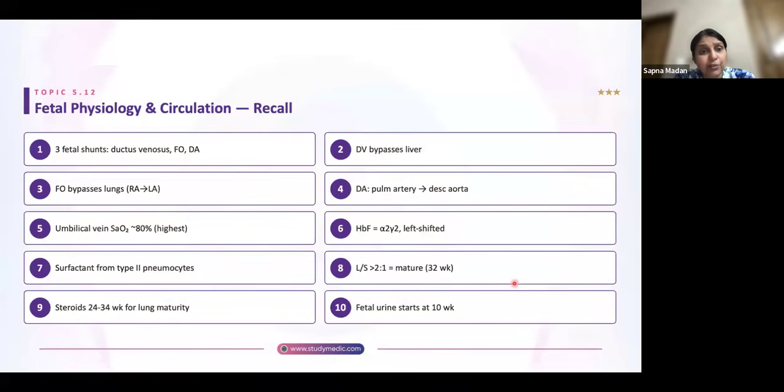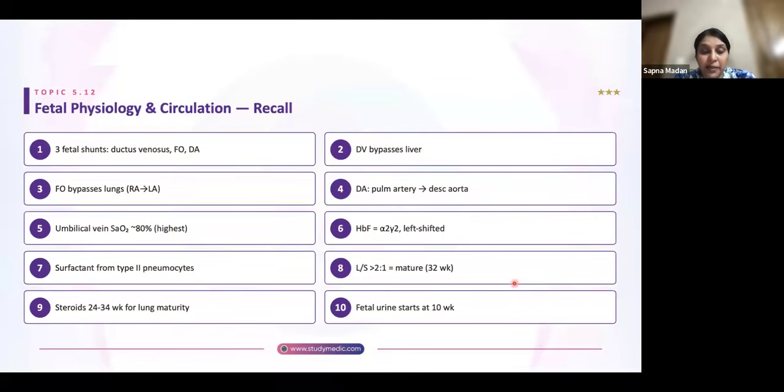Okay, fetal physiology and circulation, quick recall. 3 shunts: ductus venosus, foramen ovale, and ductus arteriosus. Ductus venosus will bypass the liver. Foramen ovale is bypassing the lung. Ductus arteriosus is also helping in bypassing the lungs because it is shunting the blood from the pulmonary artery to the descending aorta, because the liver and lungs are not functional at that time.